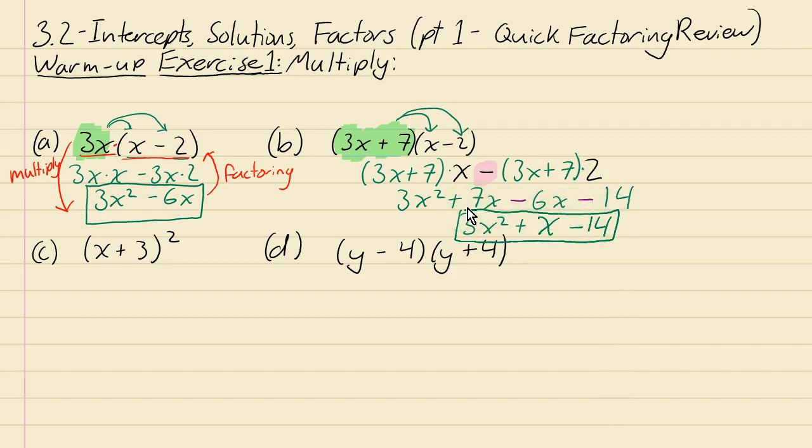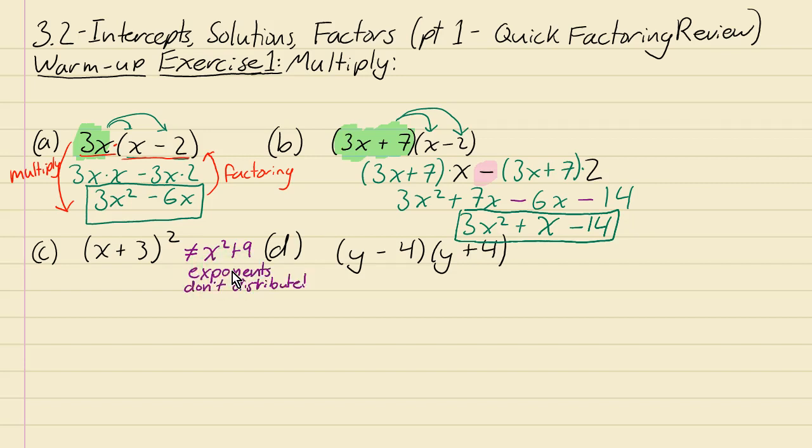Okay, with this one, you might have tried to turn this into x squared plus 9. This is not x squared plus 9. There is no distributive rule for exponents.